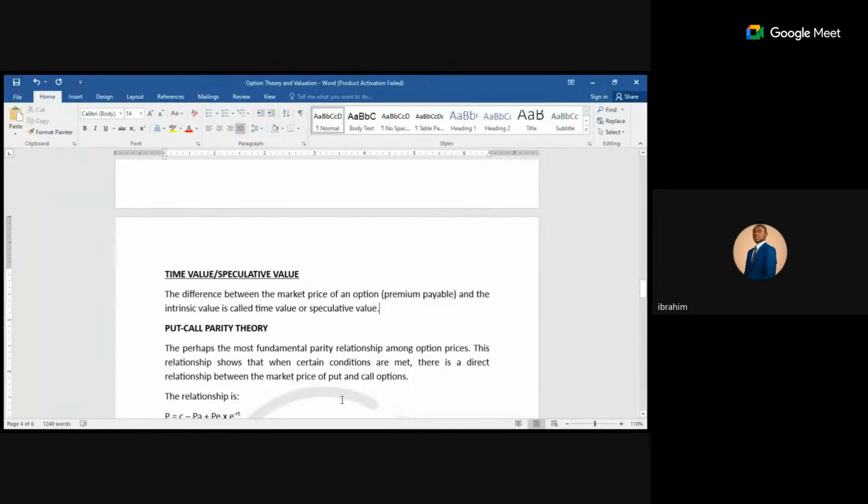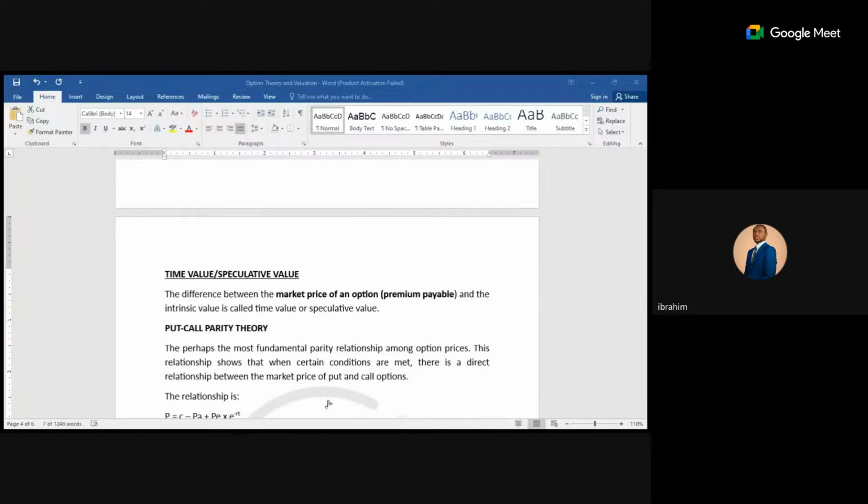And how do we determine the time value of an option? It is the difference between the market price of an option, that is the premium payable. The premium will be given to you in the question. And the intrinsic value, you calculated earlier. It is very useful.